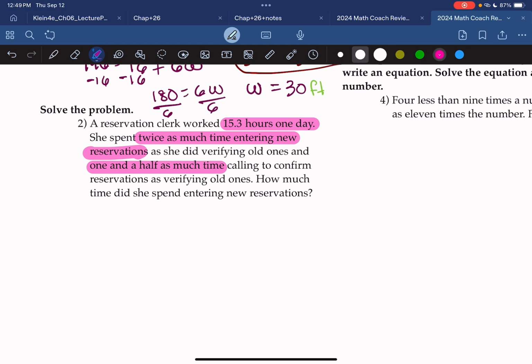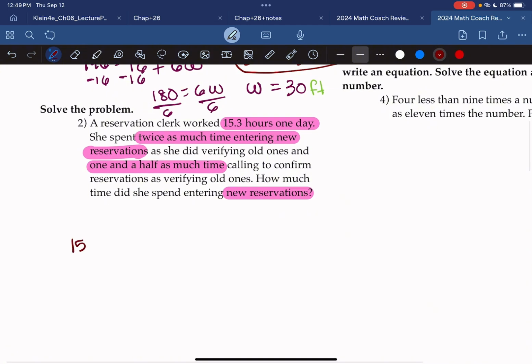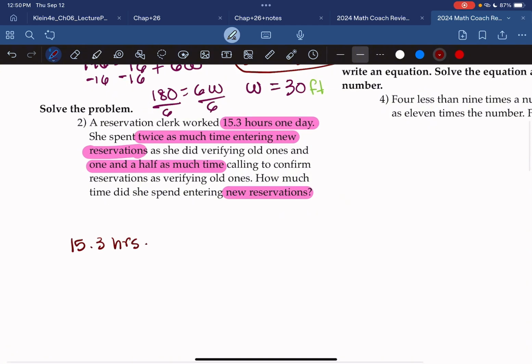How much time did she spend entering the new reservations? She worked 15.3 hours. Now let's break this down. Let's make our variable x to make it a little easier. You can make it anything you want, to be honest.